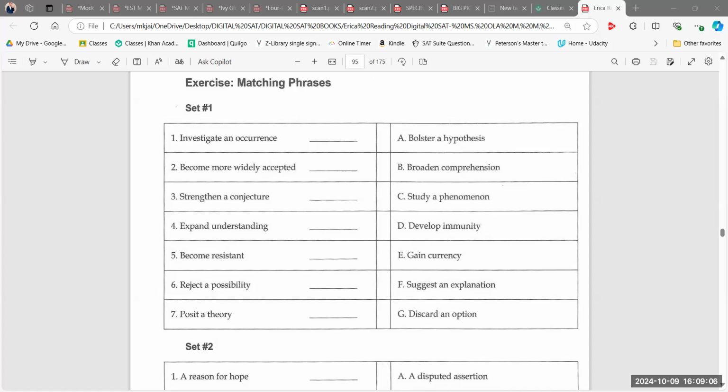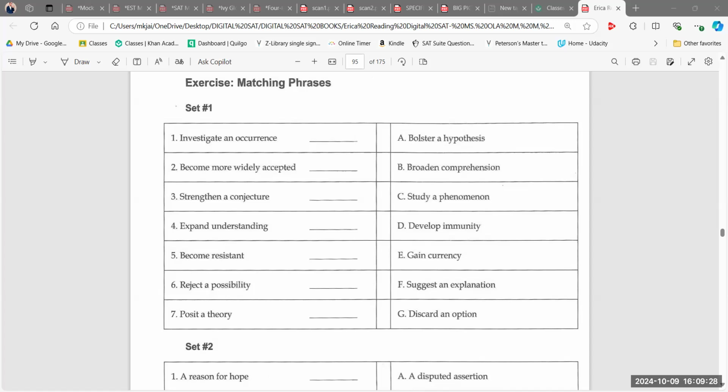The second one is what we call command of evidence. It could be a textual one, just a text, and sometimes it's accompanied by a graph or a table. And the third type is inference questions.